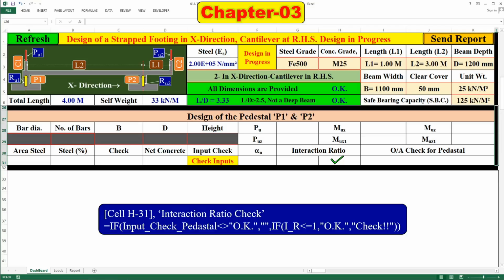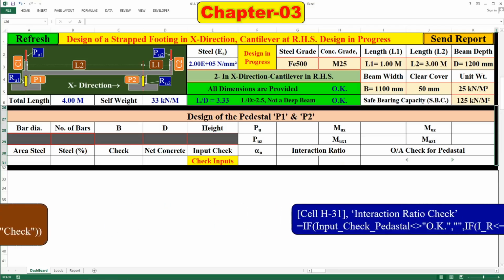Otherwise, it will say check. The defined name of the cell is interaction_check_pedestal.